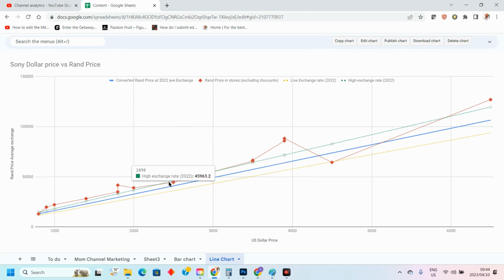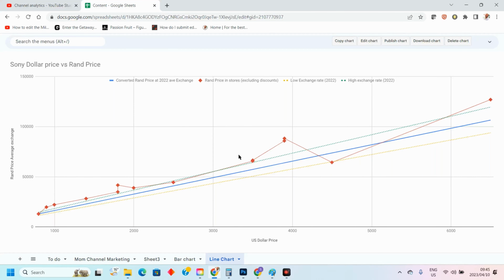It's a little bit all over the place with the exchange rate. So the blue line is your average exchange rate, and the pricing in stores is this red line.